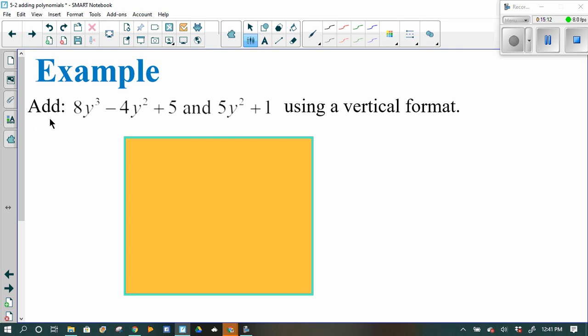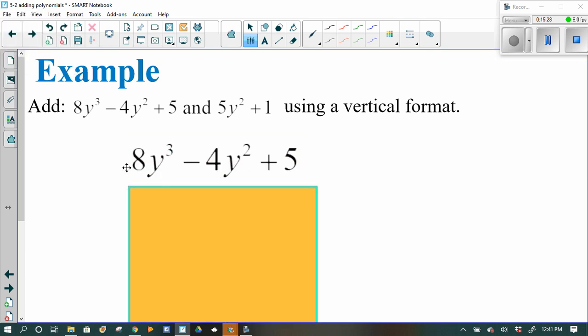All right, so it says to add 8y cubed minus 4y squared plus 5 and 5y squared plus 1 using a vertical format. Some of you may like this better because what you do is you line everything up. So you take the first thing, which is 8y cubed minus 4y squared plus 5, and using vertical, so remember vertical is going up and down, you add this to it.